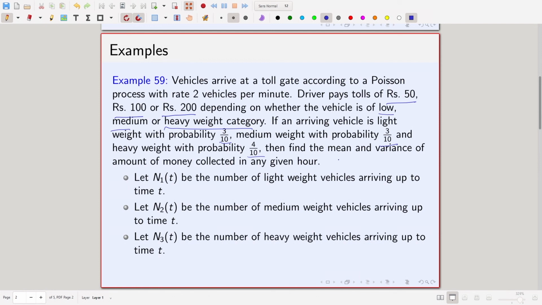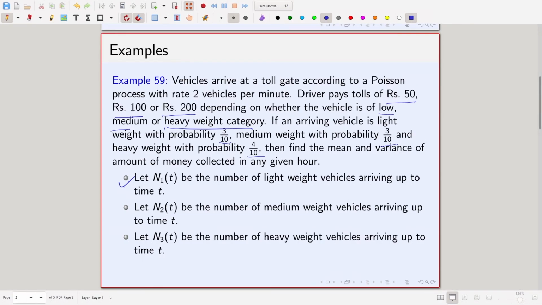So, there are these three categories of vehicles: light, medium and heavy, and depending on the weight category, drivers pay different amounts of tolls. The question is: given a 1 hour span, what is the mean and variance of the amount of toll tax collected?